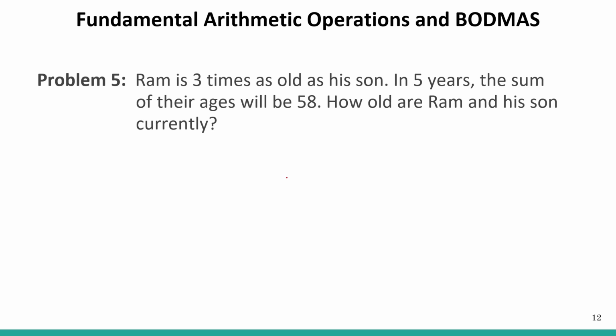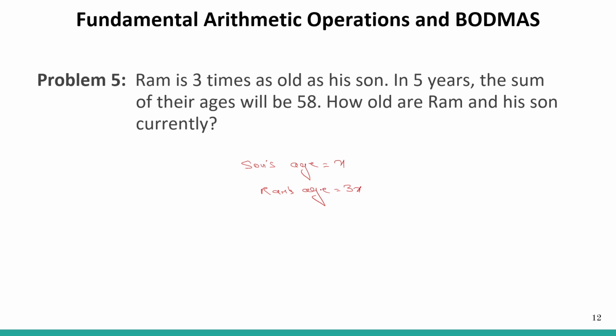So problem number 5. Ram is 3 times as old as his son. Let the son's age be x. Ram's age is 3x, as he is 3 times as old as his son.